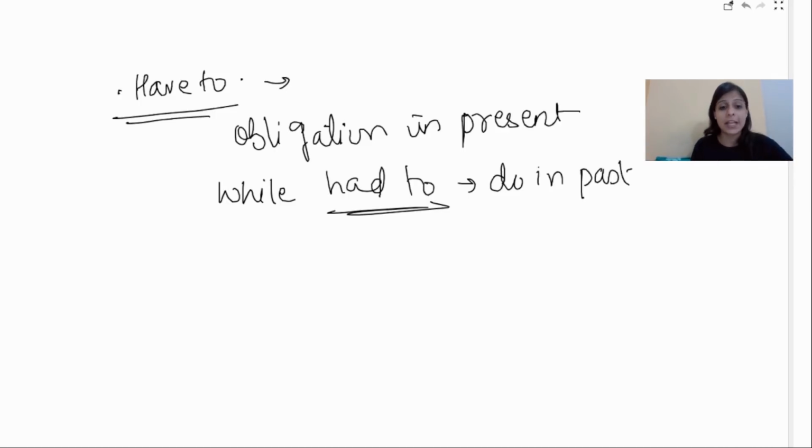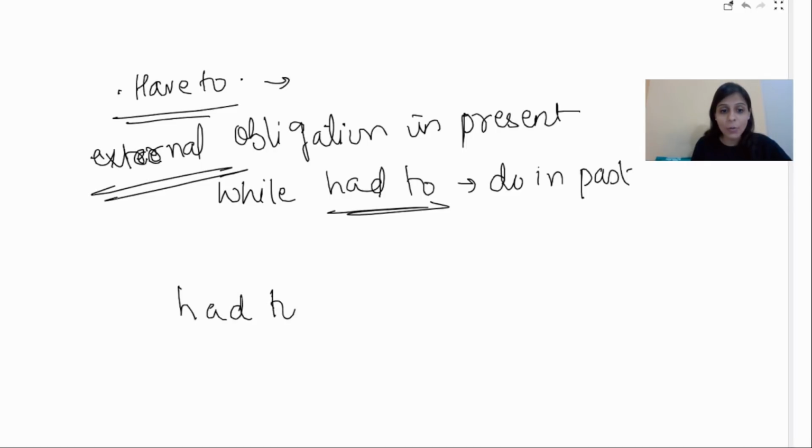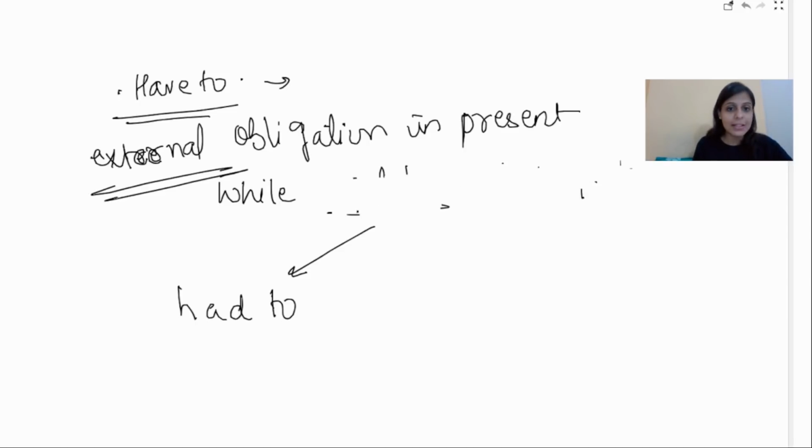There is an obligation, especially an external obligation. I would put it this way, it is used for an external obligation, when somebody, some authority, instructs you to do it. Similarly, let's talk about had to.